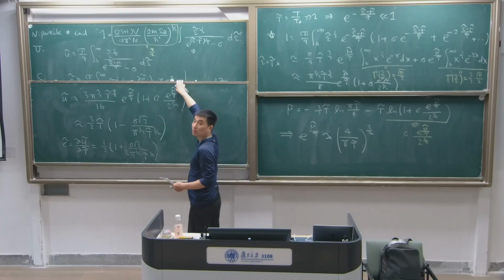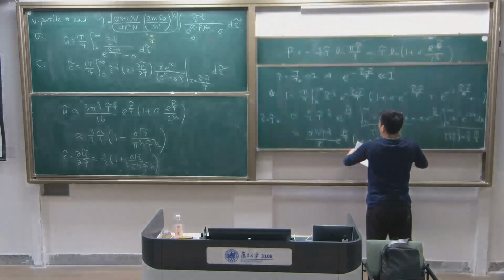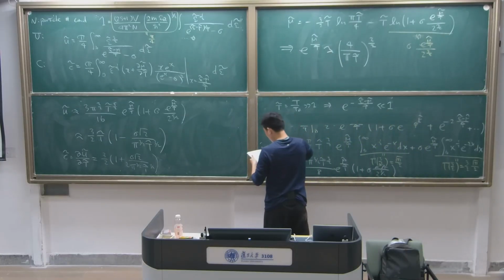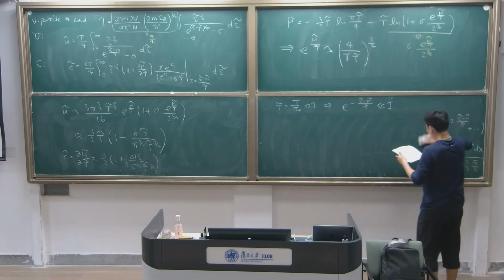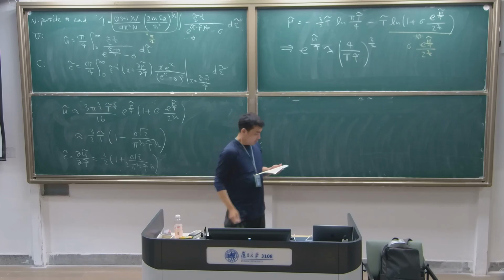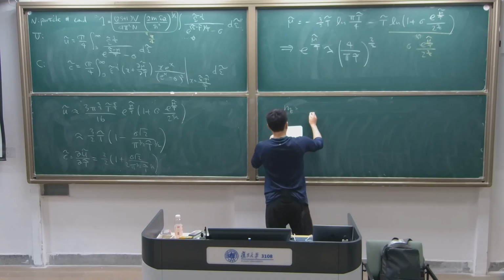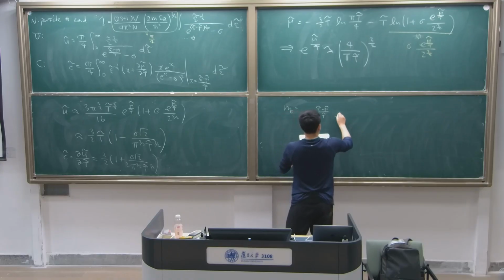Now we can take a look at the low temperature behavior of the fermion. As you recall, the Fermi distribution Q is given by 1 over e to the epsilon tilde minus mu tilde over t tilde, plus 1.